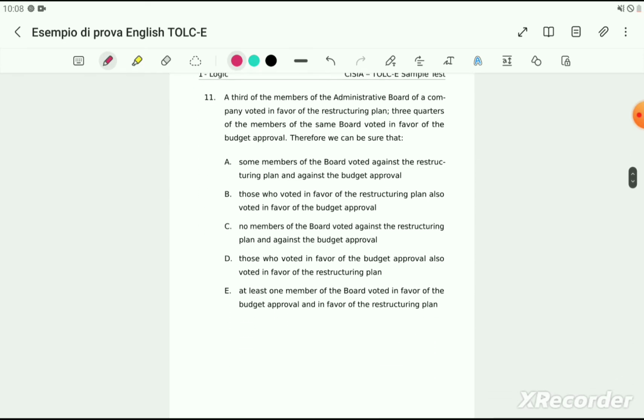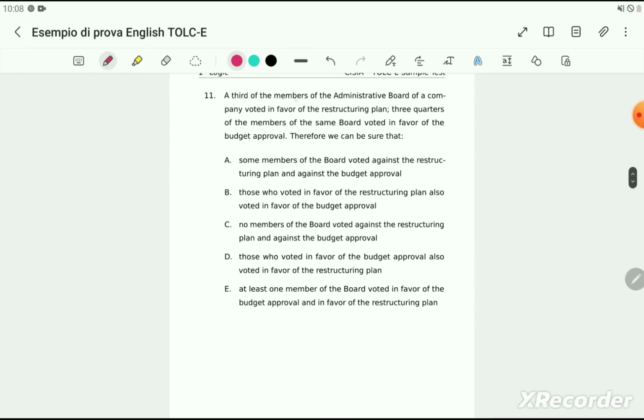Number 11. A third of the members, a third means 1/3. That means if we draw like this, okay, so 1/3 of the members of administrative board of the company voted in favor of the restructuring plan. 3/4 of the members of the same board voted in favor of the budget approval.